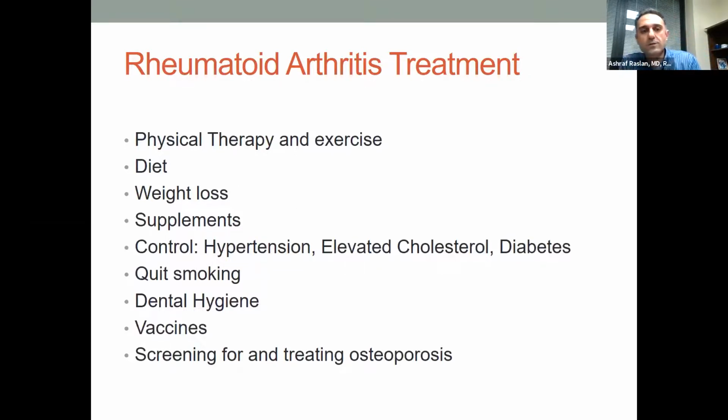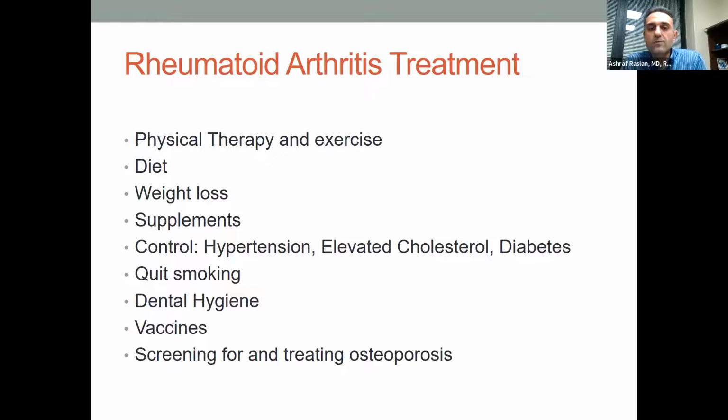Supplements: there are many supplements that are suggested. The main ones that we suggest might help are fish oil, which could be, as we said, helpful. Vitamin D, we don't know for sure. It's not clear if it can help rheumatoid arthritis, but it's a very good supplement in general for the bones, it could be important for the function of the immune system, and most of us are deficient in vitamin D because we cannot get the sun exposure that we need, or maybe we shouldn't.